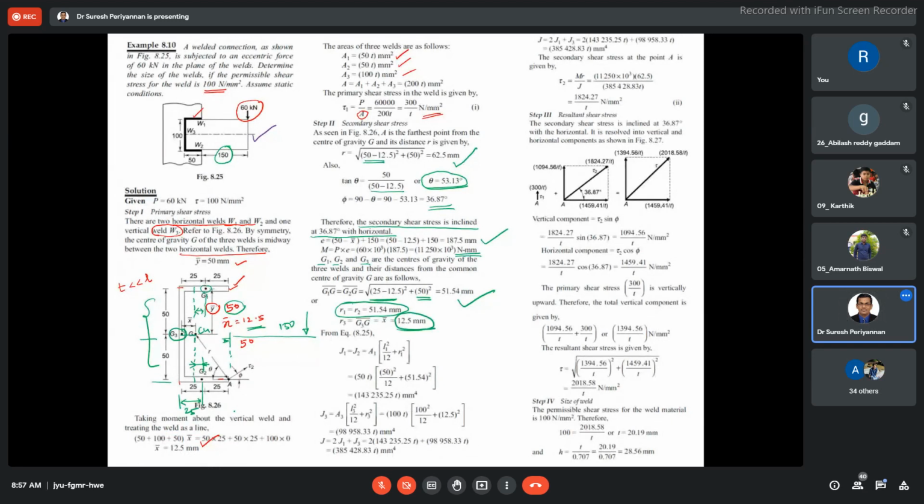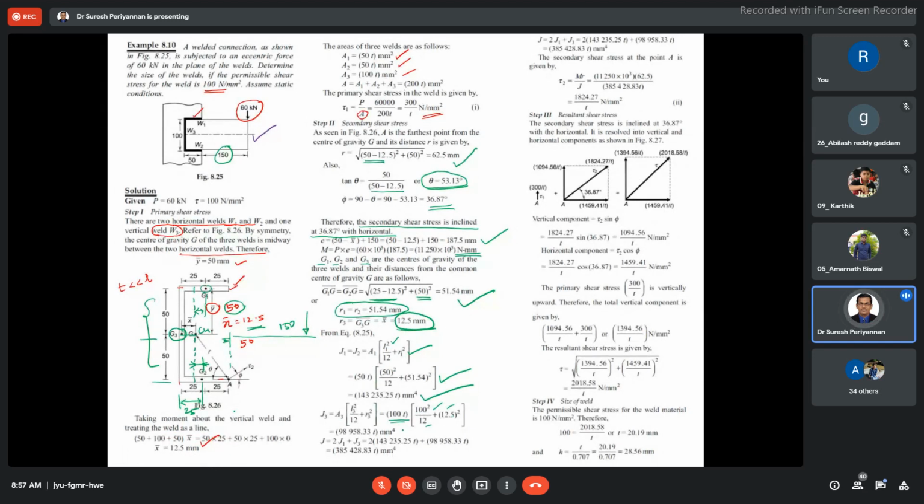Now go for our moment of inertia calculation. J1 is equal to J2. Sorry, that is L1 squared divided by 12 plus R1 squared. We already know this from the derivation. Substitute directly, then you are going to get this value. Now see here J3. J1 and J2 are equal. For J3, L3 is 100, and A3 is nothing but 100 into T. J3 is L3 squared, 100 squared divided by 12, plus 12.5 squared.